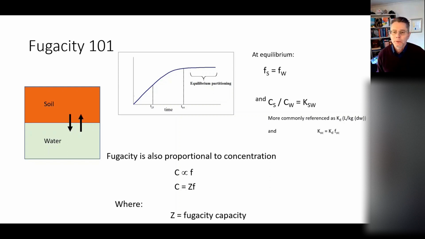In the example here, for organic chemicals partitioning into the organic carbon of the soil, we would find that the soil has a higher fugacity capacity than the water, and so the concentration in the soil can be greater than the concentration in the water, simply because the fugacity capacity of the soil is greater than that of the water, although the fugacities are equal.